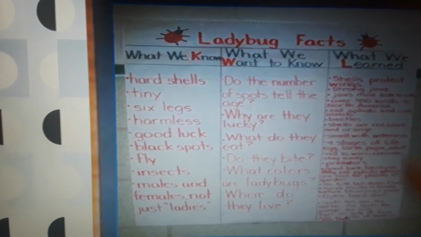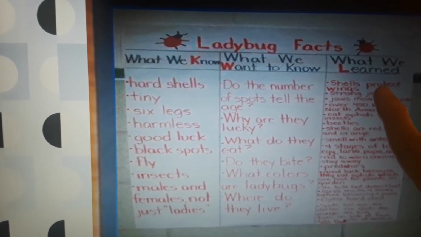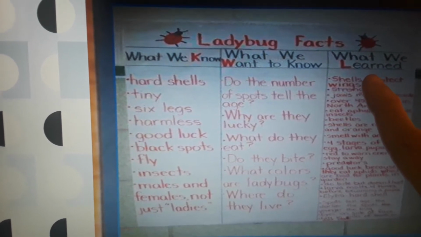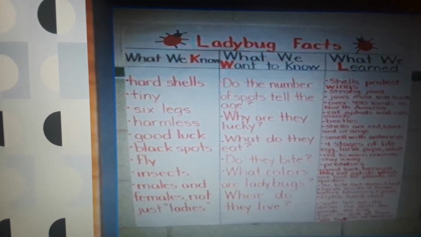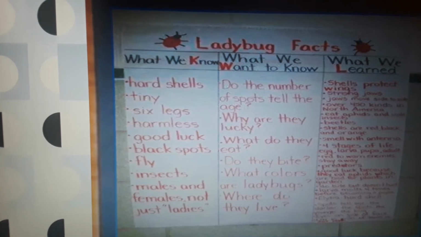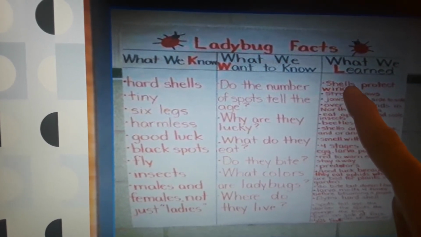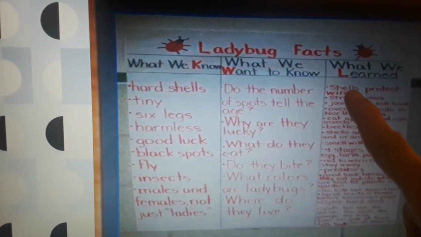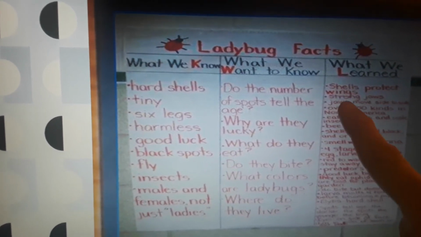L. After we learned about ladybugs, we would write what we learned about. Shells protect wings.